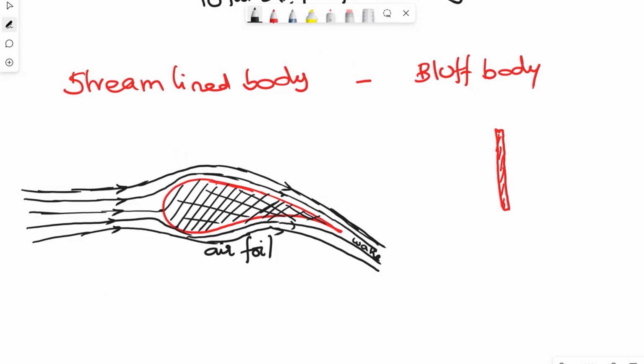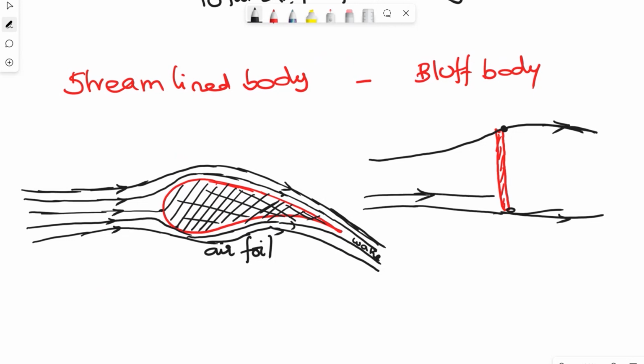In the bluff body, you take it, if the flow lines will be like this, the flow lines will be like this. So that means the flow line is getting separated here itself. So this is one streamline, this is another streamline. So the remaining streamlines, whichever they flow, they will be stopped here. This is how it will be.